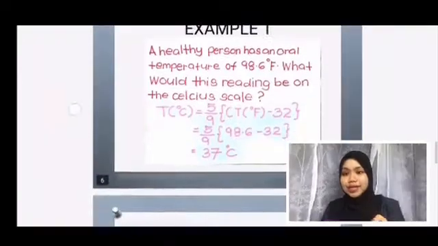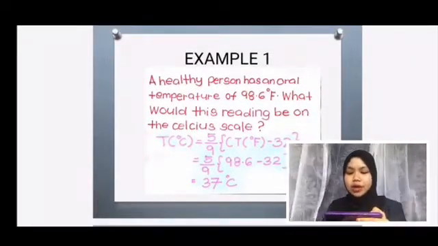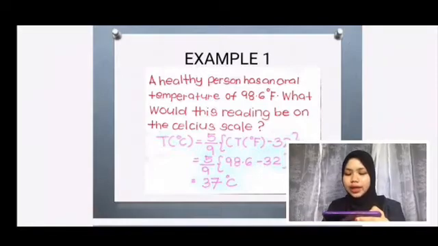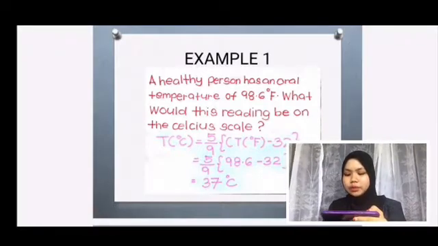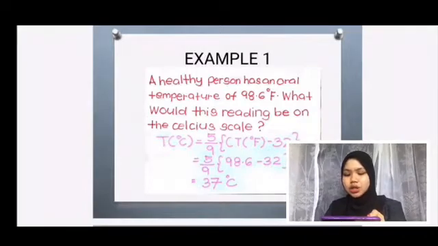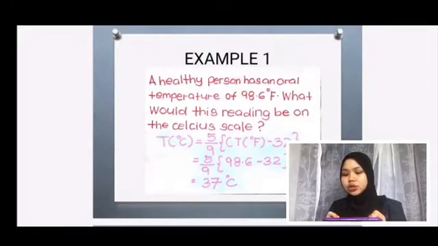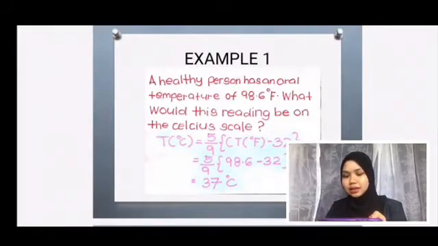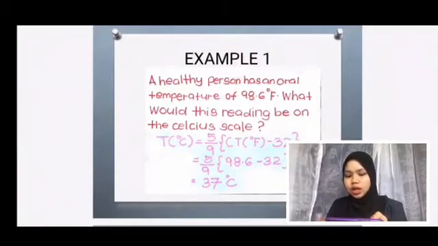As we move to example 1. A healthy person has an oral temperature of 28.6 degrees Fahrenheit. What will this reading be on the Celsius scale? So the question states that 28.6 degrees Fahrenheit should be changed to the Celsius scale. So what do you want to use?